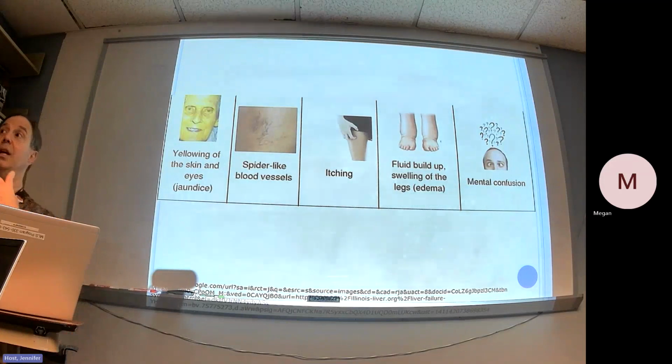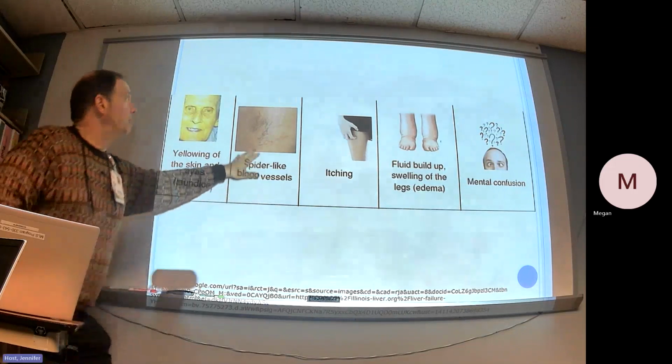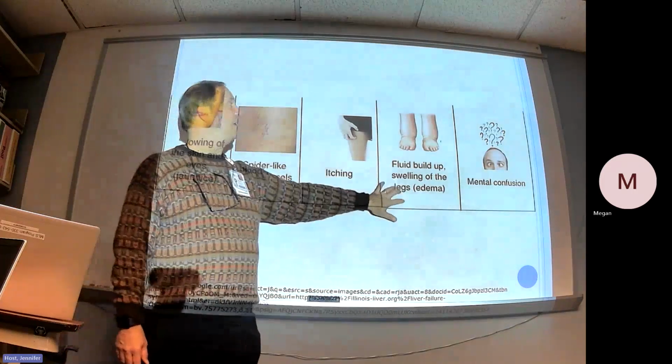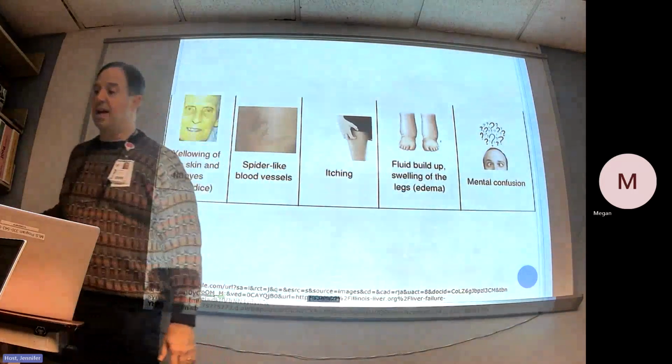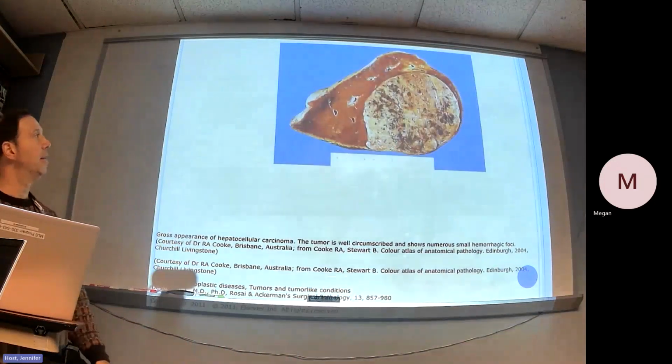But if you're looking at a patient, look at the palms and look at the whites of the eyes, because that's where you're going to see the first tinge of yellow. Abnormal circulation is what you have here. Bilirubin can make you itch. There's your fluid and just really bad ammonia, really bad mental confusion.